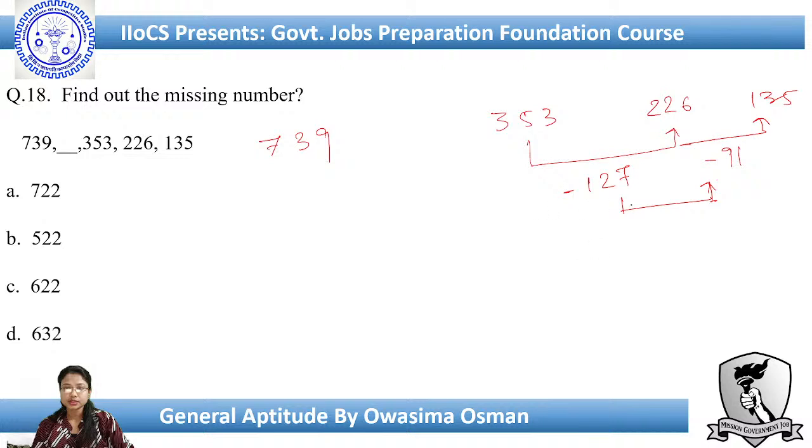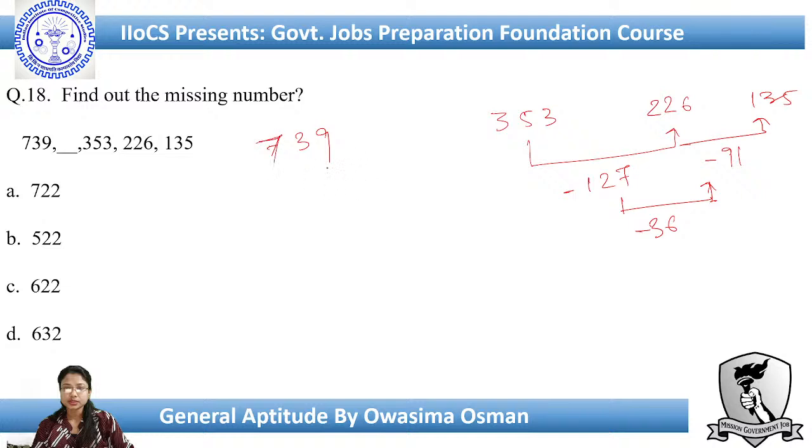And 91 is less than 127 by 36. So we can apply this pattern here.